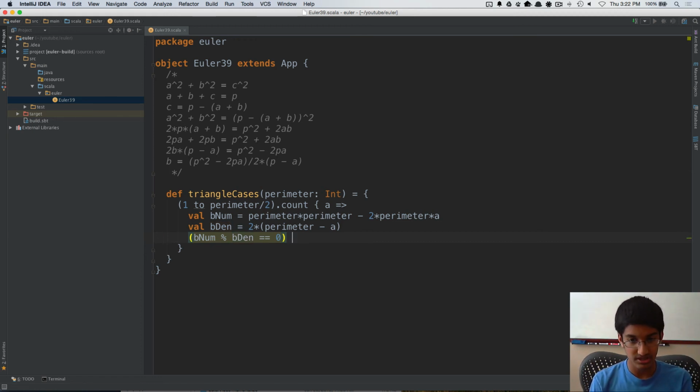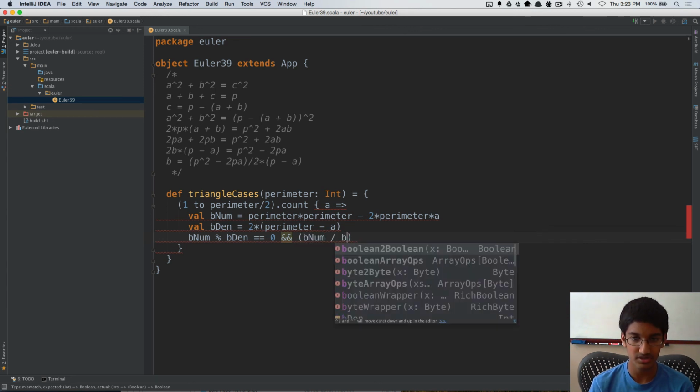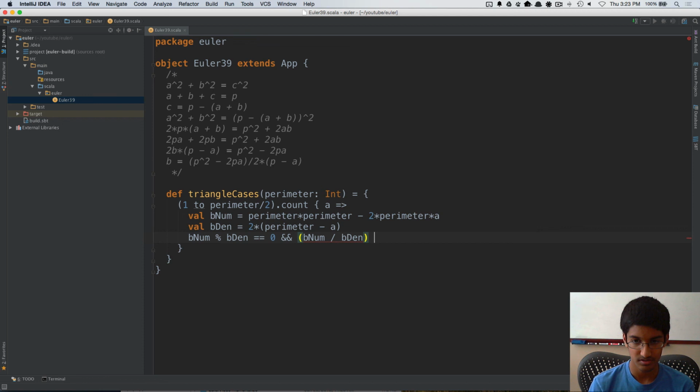And we want to check that b is less than or equal to a, because we want to mandate an ordering between a and b. Normally with a right triangle you can just swap the values of b and a and you'll get another right triangle, but we don't want to double count these. So we check bNumerator divided by bDenominator is less than or equal to a. And that gives us the number of cases given our perimeter.